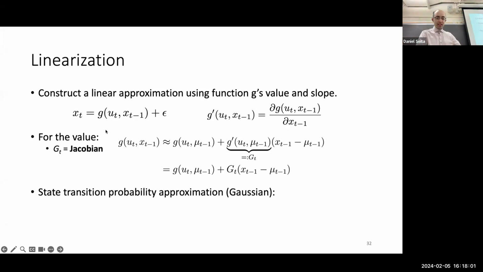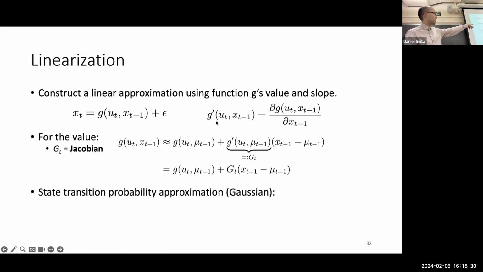Let's look at what this means. This is our assumption: x_t, the next state of the environment or the robot, is equal to some function g given the action that the robot took and the prior state, plus some noise. Now we're going to consider the derivative of that function with respect to x_{t-1}.